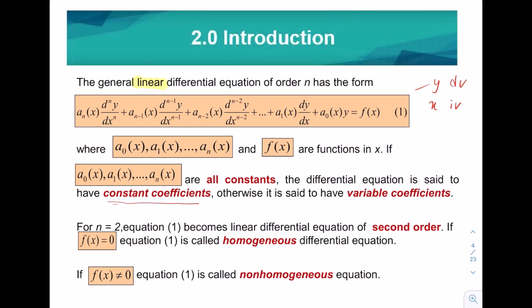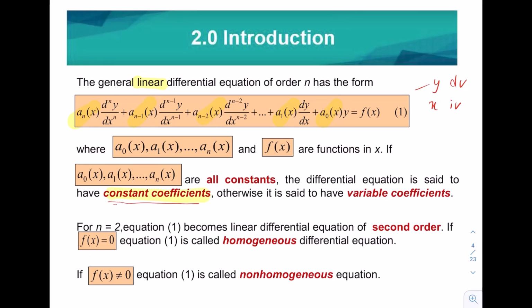Okay, I want to repeat back over here. If you notice, if an of x, an minus 1 of x, an minus 2 of x, until a1 of x, a0 of x are all constant, so obviously this is called constant coefficient.